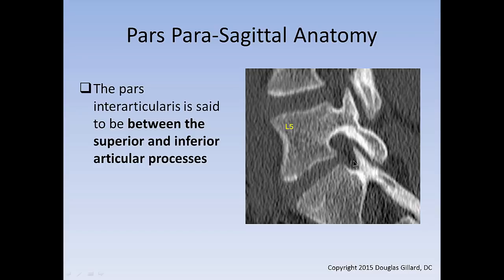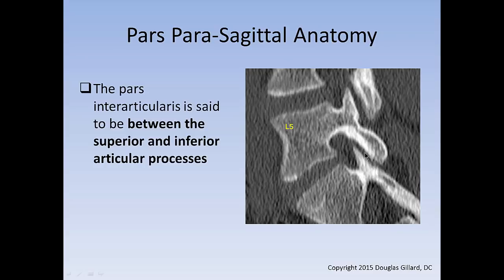So where's the pars interarticularis? Well, let's see, what do we have here? This is the pedicle, this is the body of L5, pedicle is here, and then this is the superior articular process, all of this, right? Here's the inferior articular process from L4. This is the facet joint, or the zygapophyseal joint, or the Z joint.